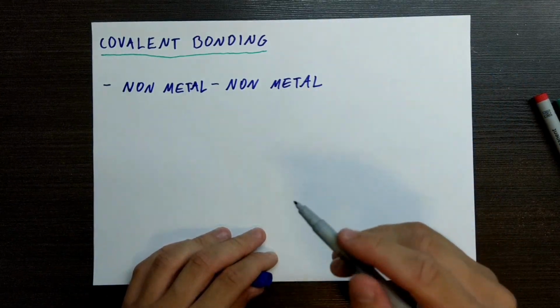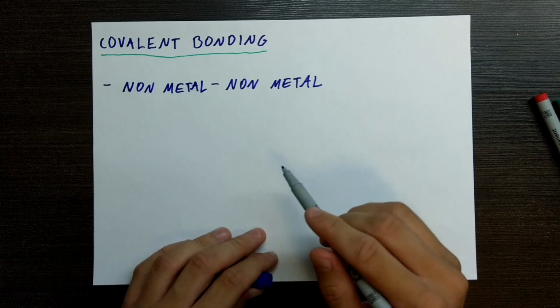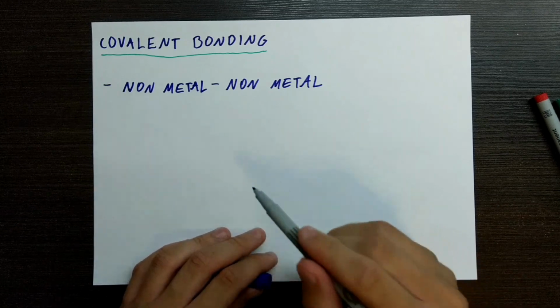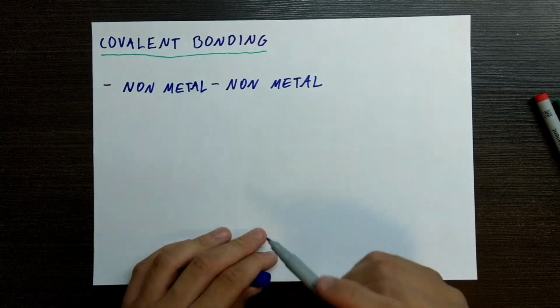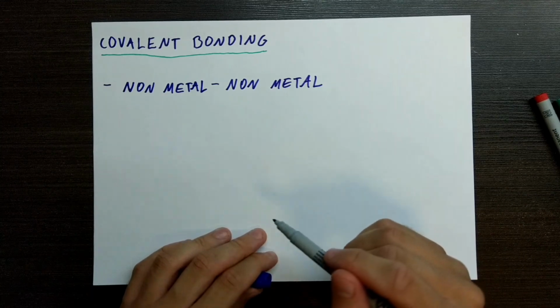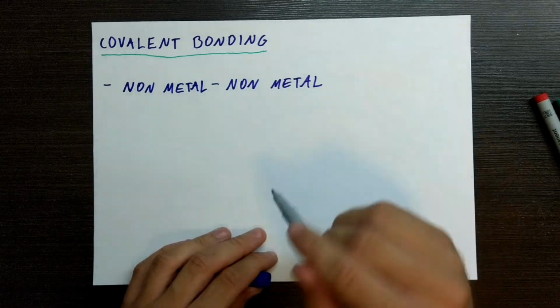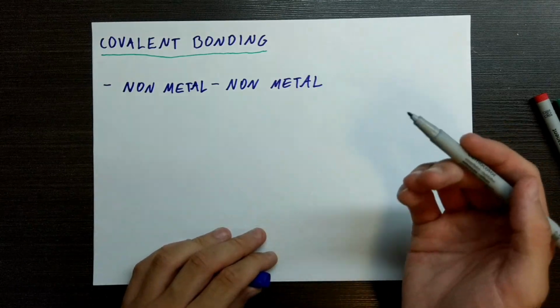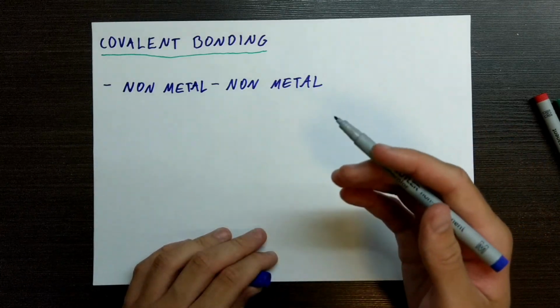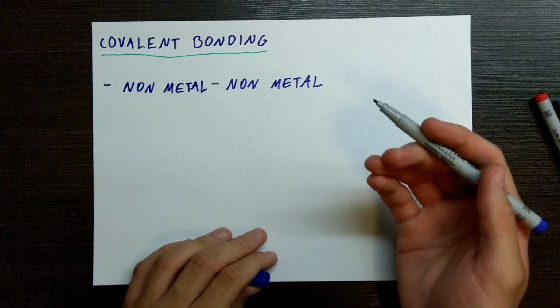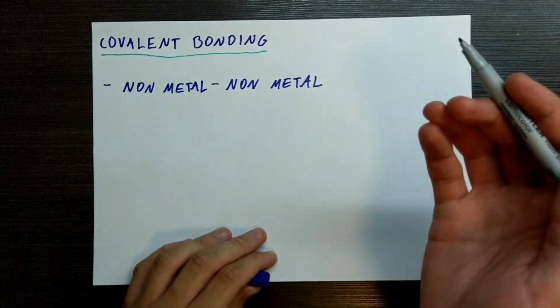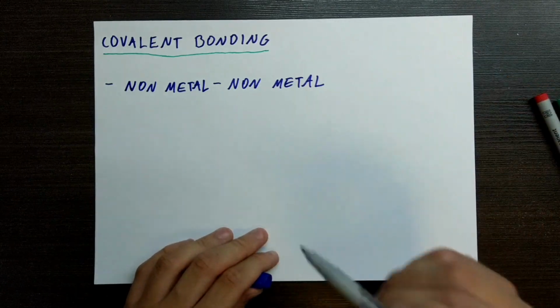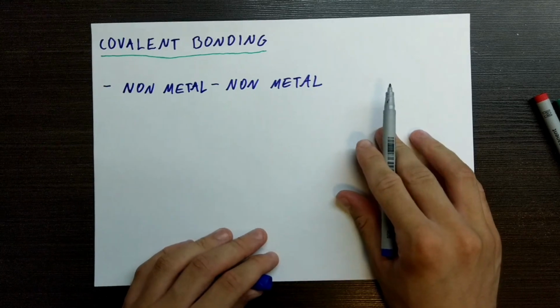And covalent bonding is all about sharing electrons. This is how to remember it: ionic bonding is all about giving away or taking electrons, whereas covalent bonding is when the two atoms come together and go, let's share these electrons. And I will show you how exactly it works. It's all about sharing electrons.